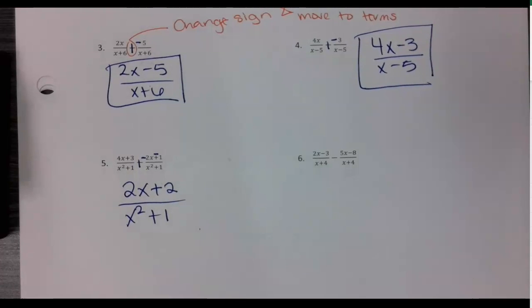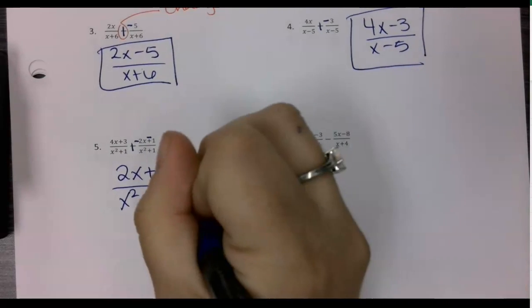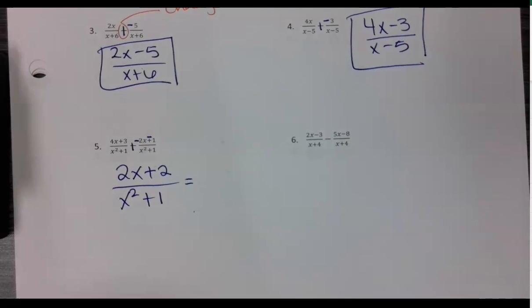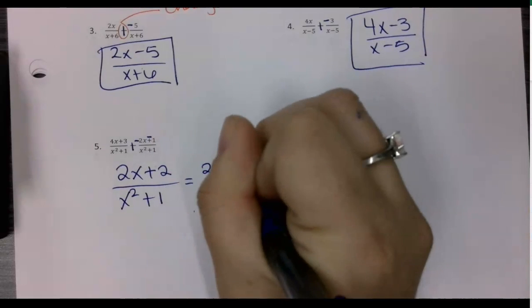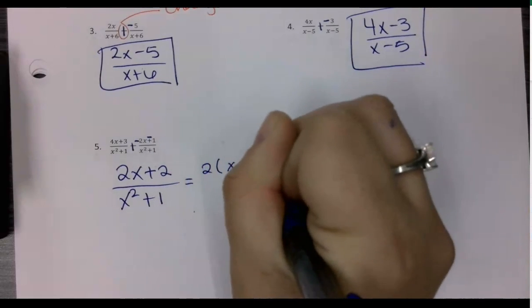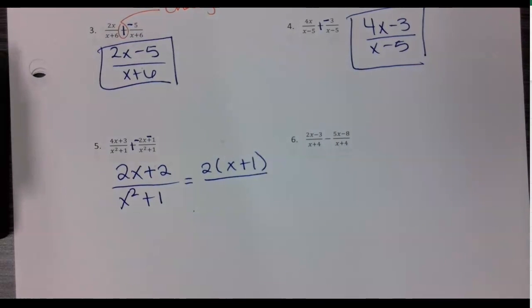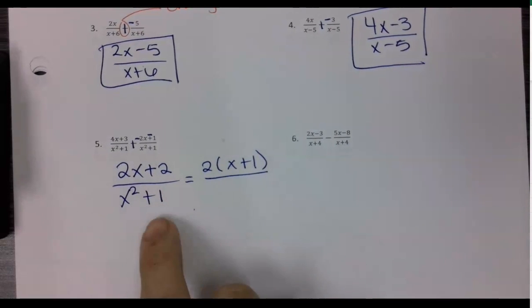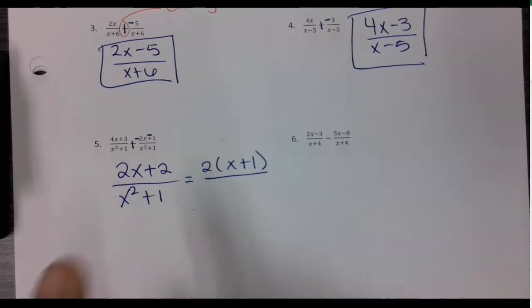Okay. Can I simplify this? So I can factor out a 2 on the top, and it could be 2 times x plus 1. Can I factor that bottom? Can I find two numbers that multiply to positive 1 and add to 0?